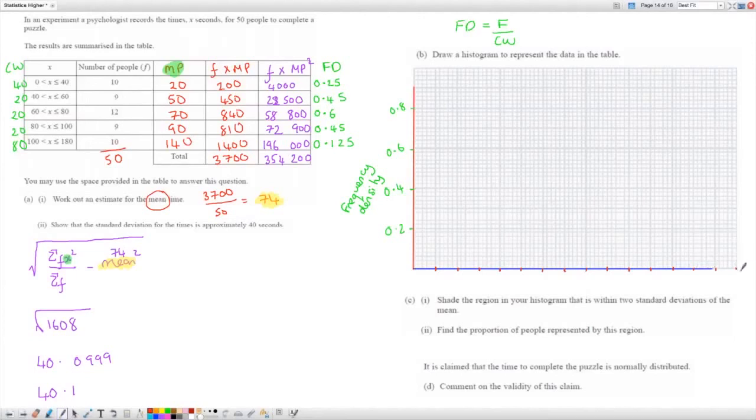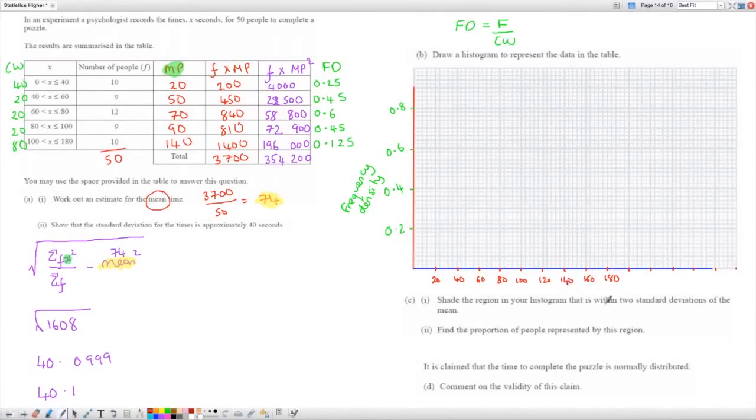We haven't got the grid big enough to go 10 across, so we're going to have to halve down. So doubling here, we're going to have 20, 40, 60, 80, 100, 120, 140, 160, 180.